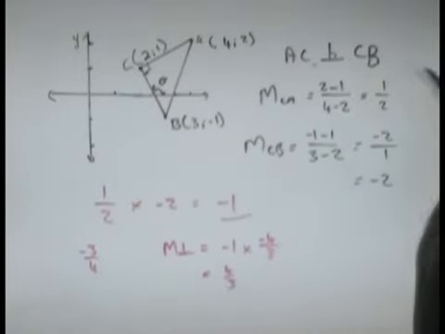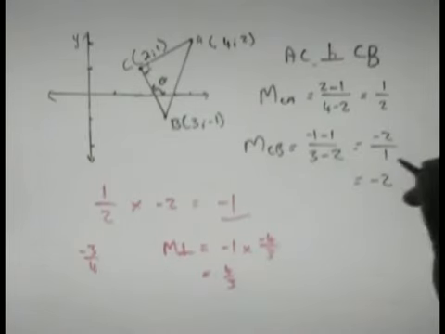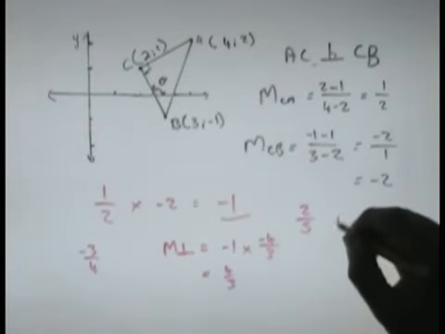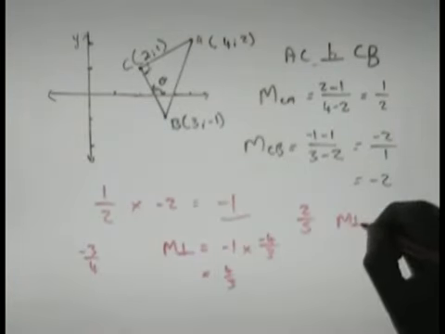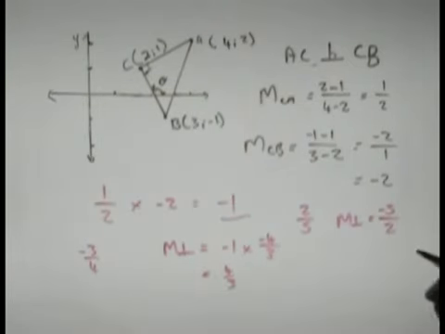Now there is an easier way of doing this. We just look for the negative inverse of it. For example, if our gradient is 2 over 5, our perpendicular gradient to that line will be negative 5 over 2.